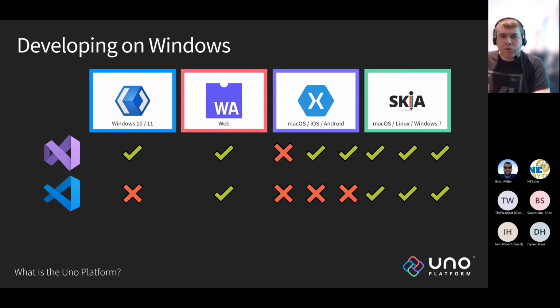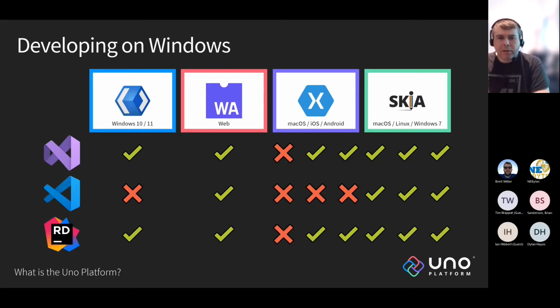If you prefer to use Visual Studio Code, you can still use that, but you can target WebAssembly, or you can target macOS, Linux, and Windows 7 with Skia. If JetBrains Rider is your IDE of choice, you can target Windows 10, 11 with UWP and WinUI, the web with WebAssembly, iOS and Android with Xamarin, plus macOS, Linux, and Windows 7 with Skia.